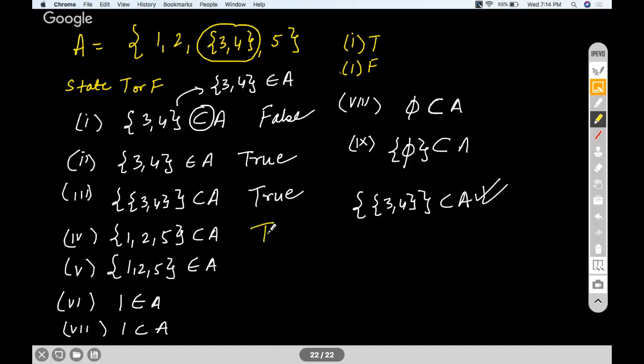Fourth one is also true. Correct. So now 1, 2, 3, if you put this in a set, it will become a subset of A. But this is false. Fifth one is false. Is that fine?